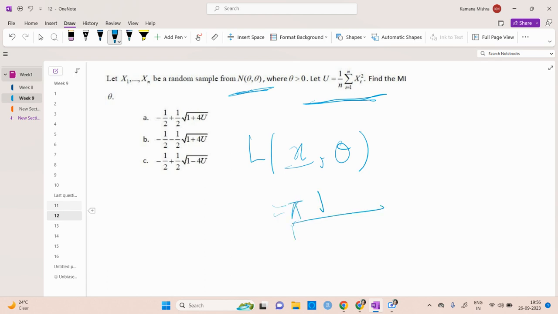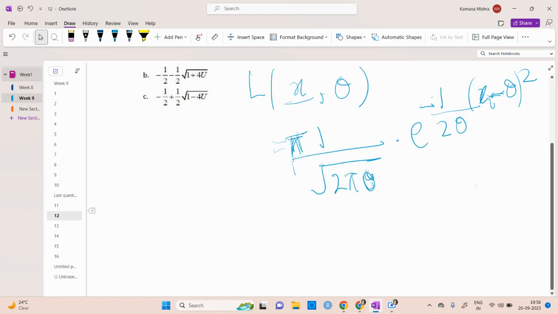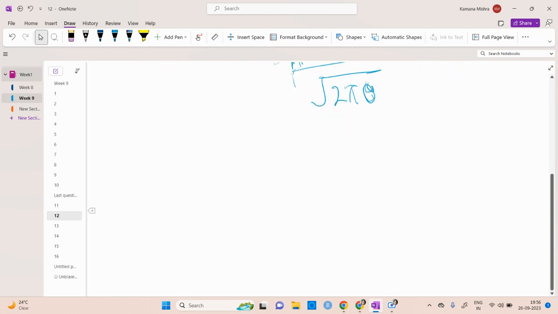Here it is under root 2 pi sigma, and sigma is root theta. So it will come out as under root 2 pi, and then root theta will be in the continuation, e to the power minus 1 upon 2 sigma square, which is theta, and then xi minus theta whole square, right?